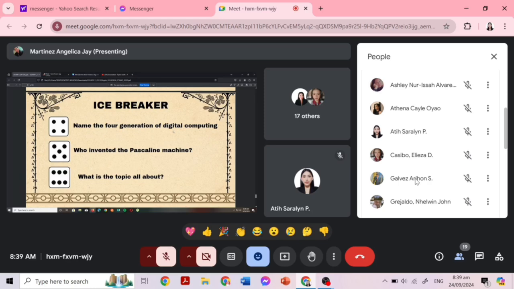So the last one is the electronic period. So it is between 1940s and until present. So the electronic period began with the development of vacuum tubes and later transistors, leading to the creation of the first electronic computers such as the ENIAC and the UNIVAC.